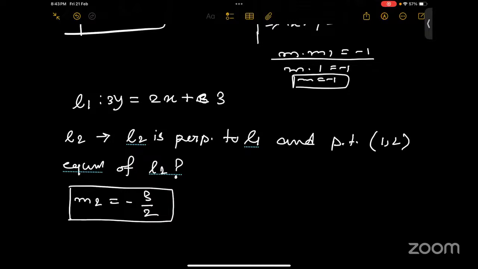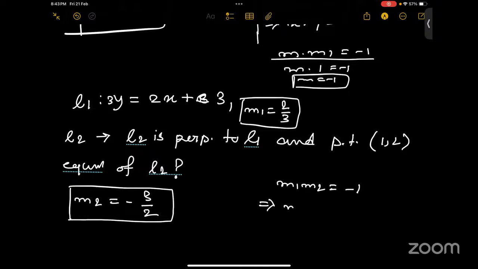M1 is 2 by 3, right? Because they are perpendicular, that means m1 into m2 will be -1, so m2 will be equal to -1 by m1. That means -3/2, right?